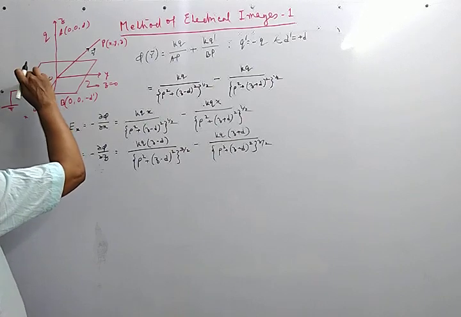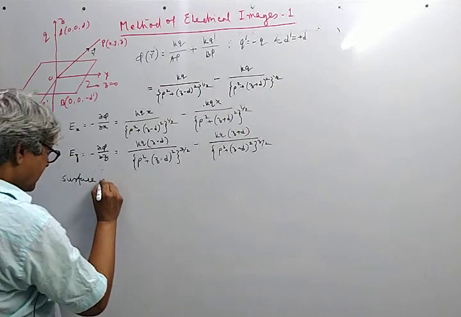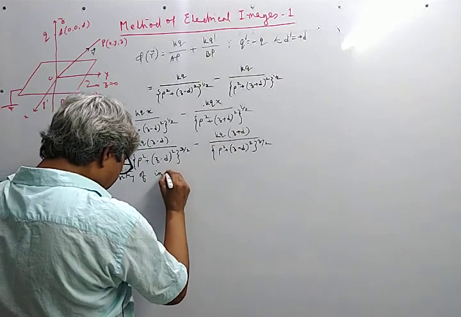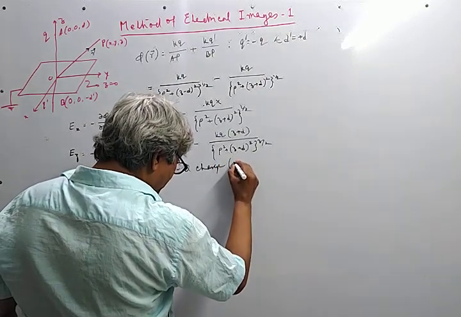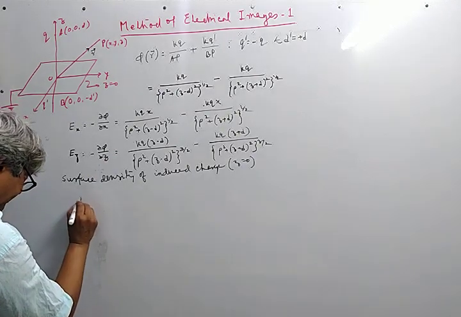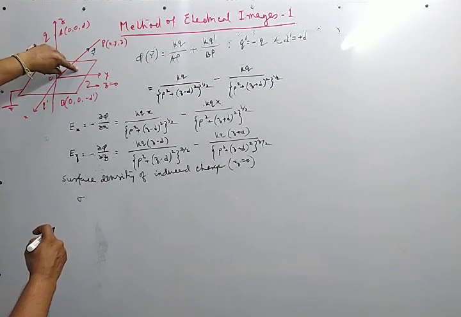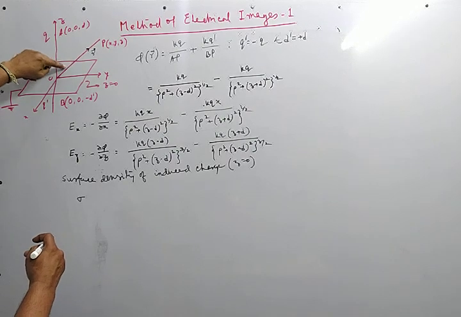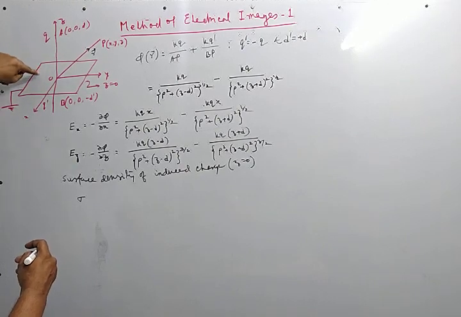If we want to find the surface density of induced charge on the z equal to 0 plane, it is given by the following. If we consider a point at a distance rho away from the origin on the plate, it will have the same value at every point at that distance, irrespective of the angle.